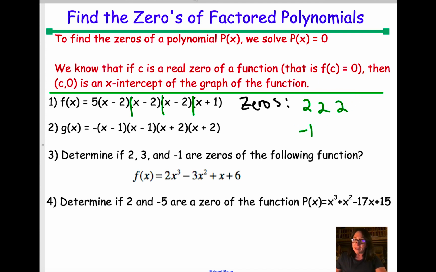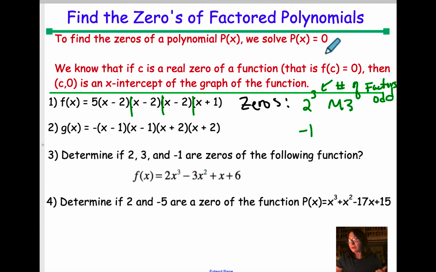Now, this is a little bit interesting because I'm going to talk to you about what's called multiplicity, which we're going to be talking about next. Well, in a minute anyways. I have three twos, which means this. If the number of factors is odd, we call that it has a multiplicity of 3, so that's an odd number.